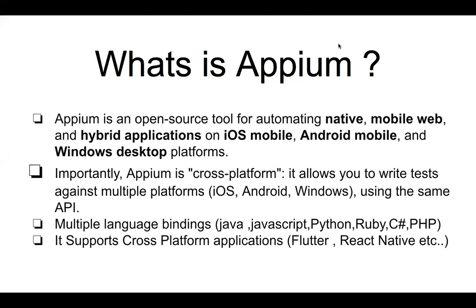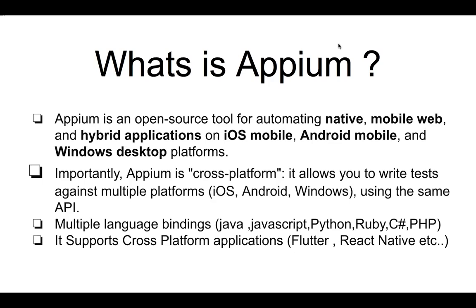Appium is an open source tool for automating native, mobile web, and hybrid applications on iOS mobile, Android mobile, and some Windows desktop platforms, etc. Right? So, what is hybrid? A hybrid application is a native application within which a browser view can be seen within the app.